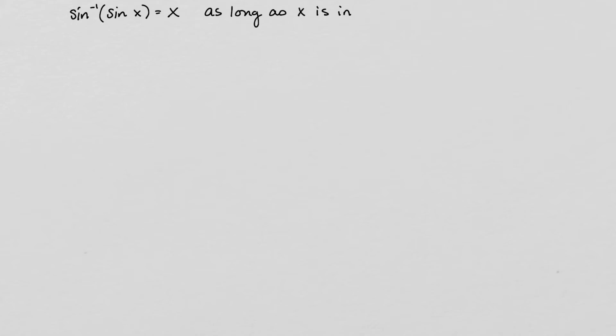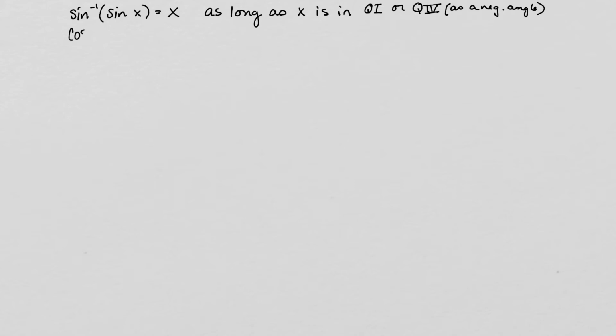So as long as x is in quadrant 1 or quadrant 4, but remember when we're in quadrant 4, it has to be written as a negative angle. Then they're going to cancel each other out. Otherwise, we're going to have to do some work on these problems.